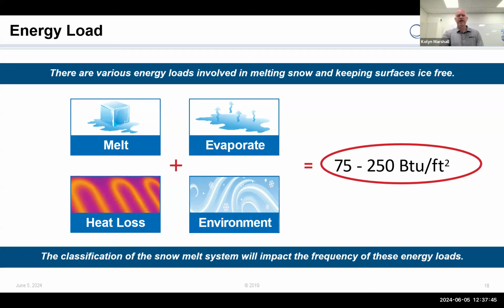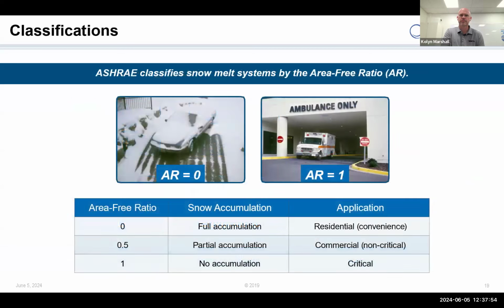Anyhow, these are factors that drive the variability in design, and where we end up on how many BTUs we need to design for. Part of our guessing process is we look at a couple of factors. One of them is the free area ratio. And that basically says, how much of the snowfall am I going to try and keep up with? We break these into three classes, class 1, 2, and 3.